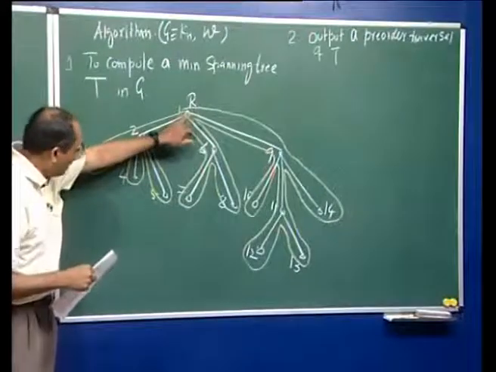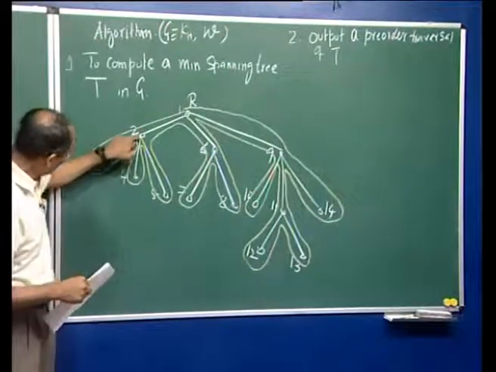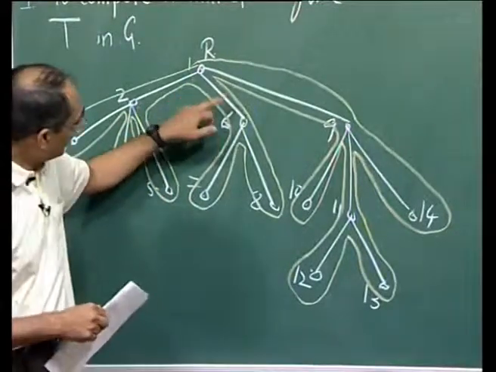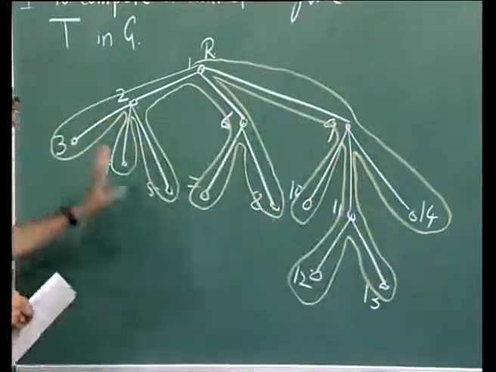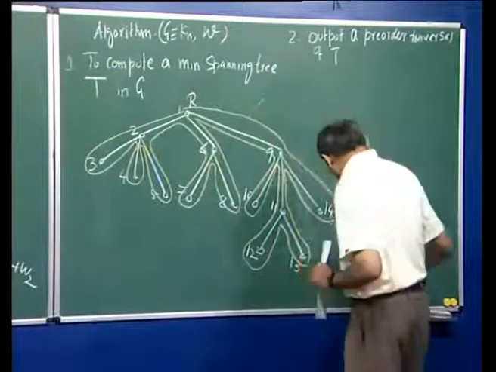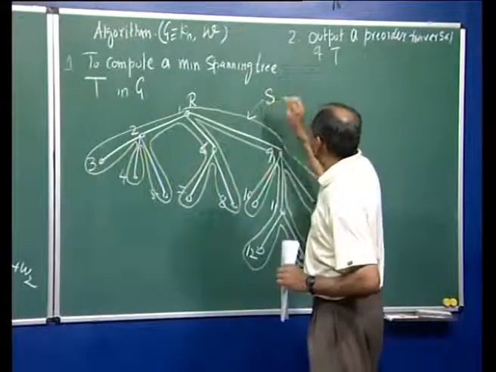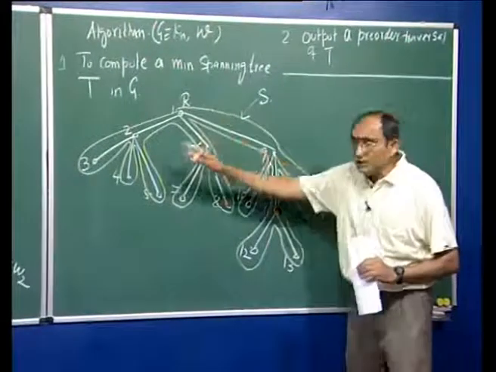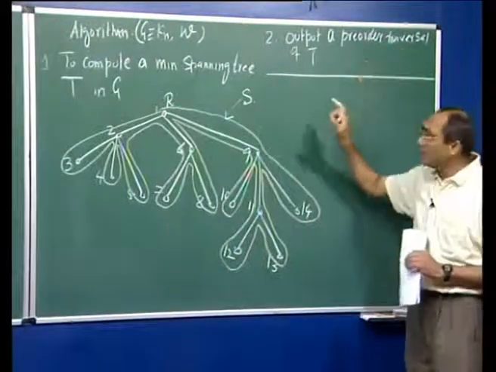What we are doing is writing a closed walk: 1 to 2 to 3, back to 2 to 4, back to 2 to 5, back to 2, back to 1, then 6, 7, 6, 8, 6, 1 and so on. So, you visualize this picture. Let us call this closed walk S. Now, I am trying to determine how good this output is.